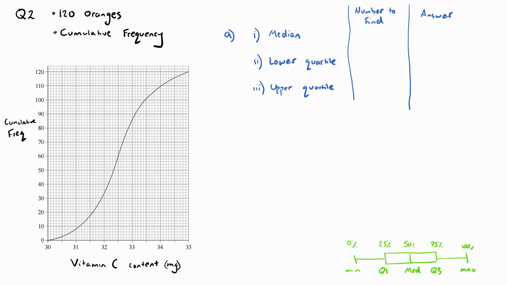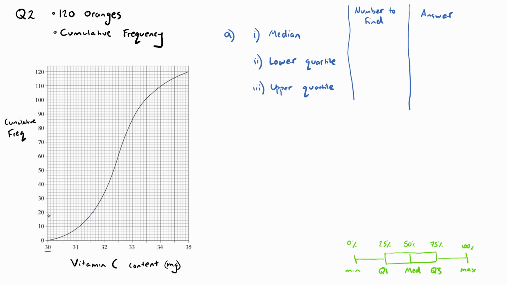So for example, just to understand this graph, if I was to order the oranges from least amount of vitamin C to most amount, and then took the 60th orange, and I just chose 60 because it's a nice intersection right in the middle of 2 points, that 60th orange would have 32.5 milligrams of vitamin C. Another example would be the orange with the least amount of vitamin C, so right across here on the left, would have 30 milligrams.